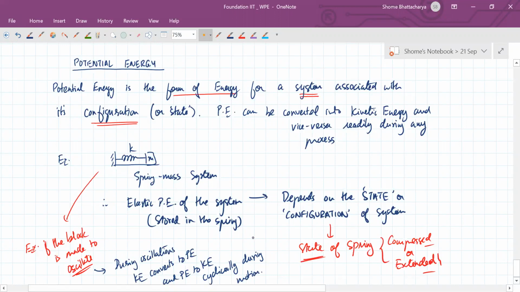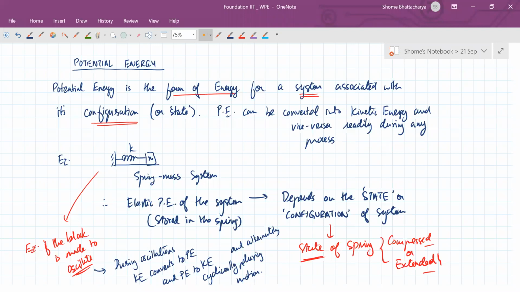So alternately, cyclically: first kinetic converts to potential, then again potential converts to kinetic, then again kinetic converts to potential. So alternately and cyclically, this kind of change keeps happening.